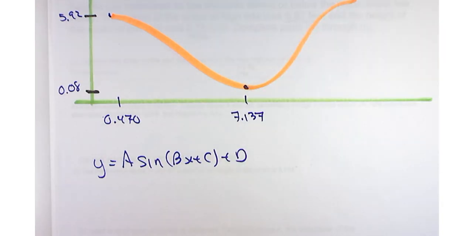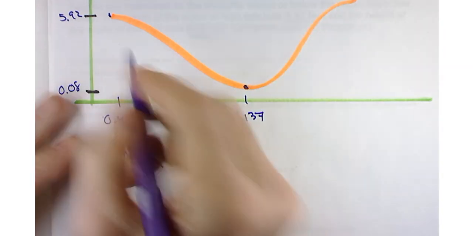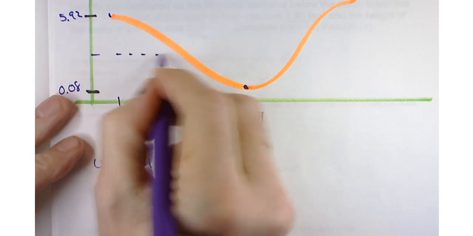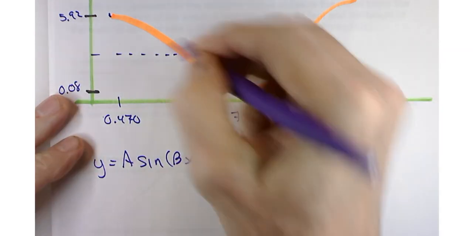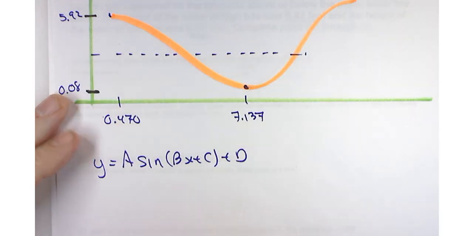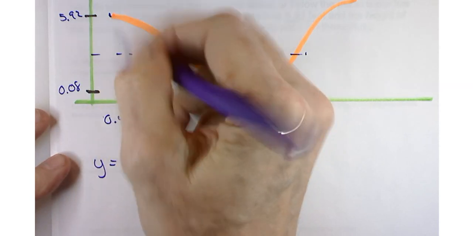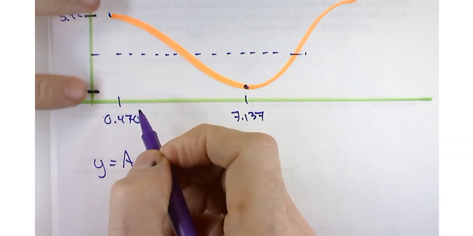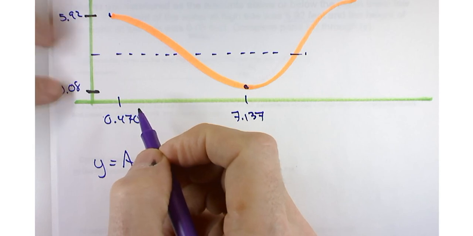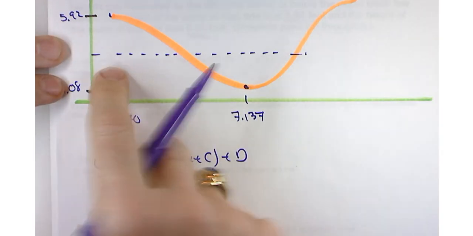So we need to figure out a couple things here. Now, this middle line here, the distance either above or below that middle line is going to be your amplitude, which is A. So what we can do is figure out where that middle line is. And to figure that out, we can average these two.